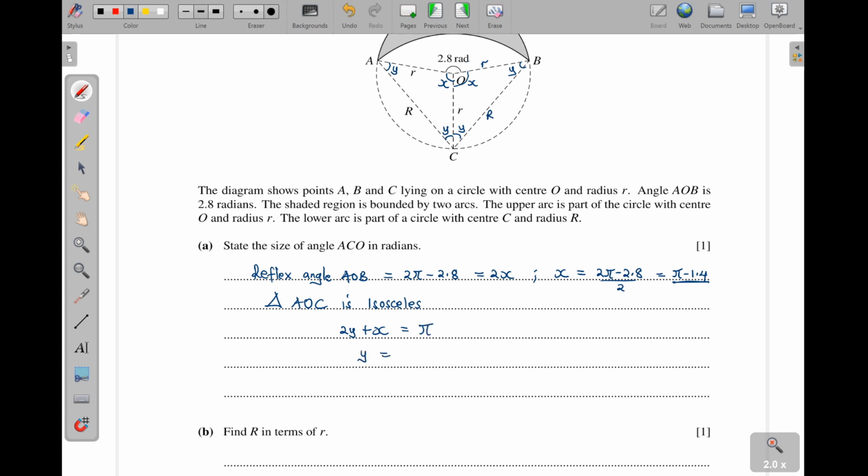So our Y is going to be equal to pi minus X, all divided by 2, where X is pi minus 1.4. So pi here cancels with this one, and the minus that is here causes this one to now be positive. Now 1.4 divided by 2, you get 0.7. So this simply implies that angle ACO is equal to 0.7, in radians. As simple as that.